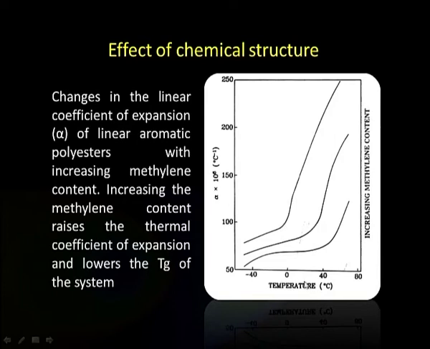Here you can see we have 3 curves, and with increasing methylene content we can see that the value of alpha also changes. Here let us study the effect of plasticizers in TMA.